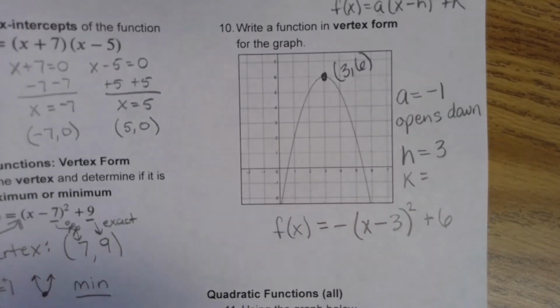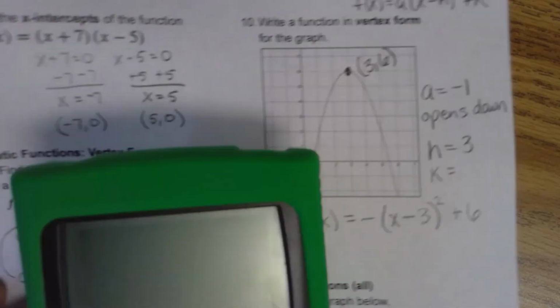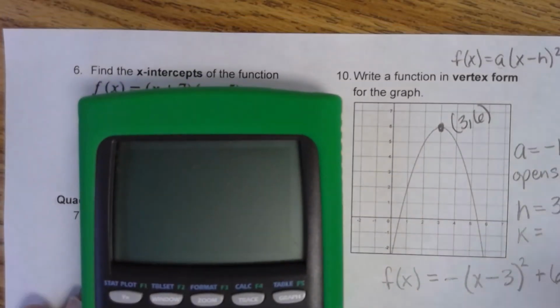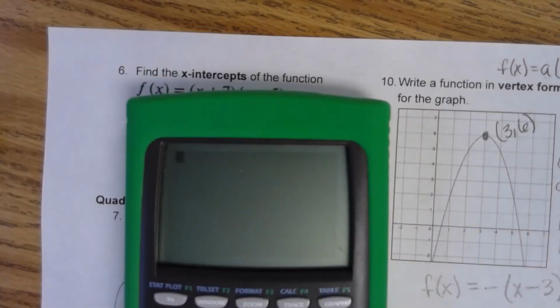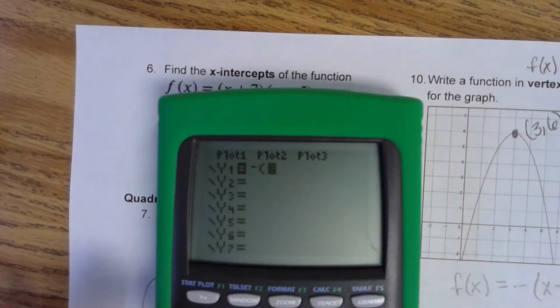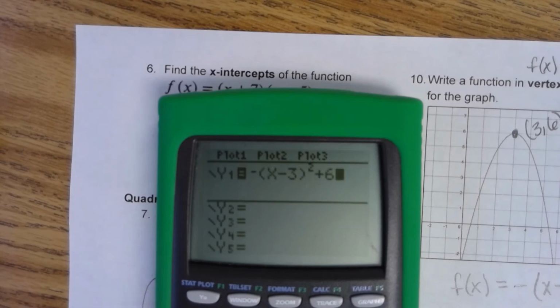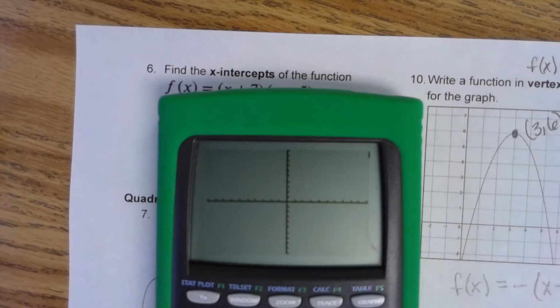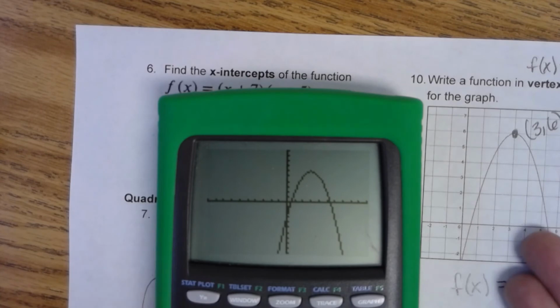You could always check this in the graphing calculator. We haven't done that in a while, but always remember the graphing calculator can help you. So if you have a picture of a function and you're writing a function, go to y equals, type in negative parentheses x minus 3 and square it, add that 6 at the end. So type in what you think the function is going to be and hit that graph button. Look and see, does it look like the picture that you're trying to match?